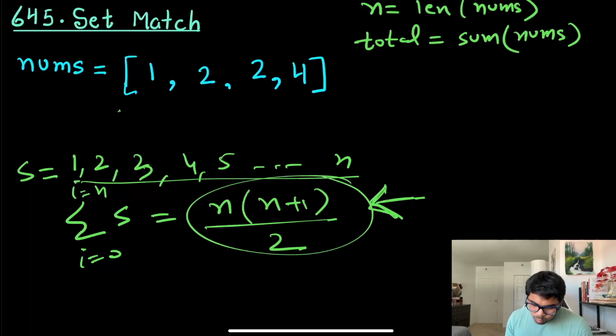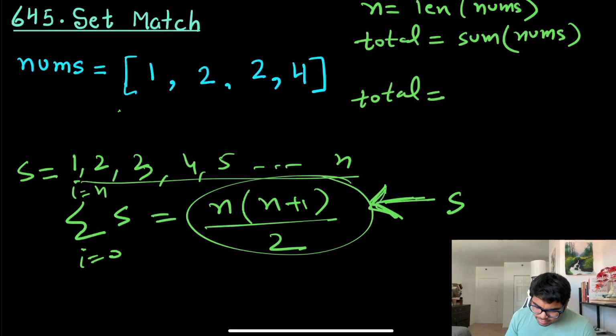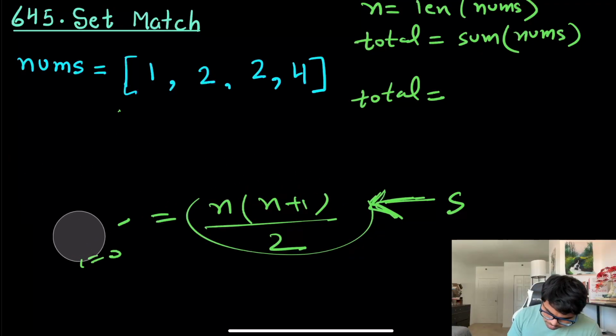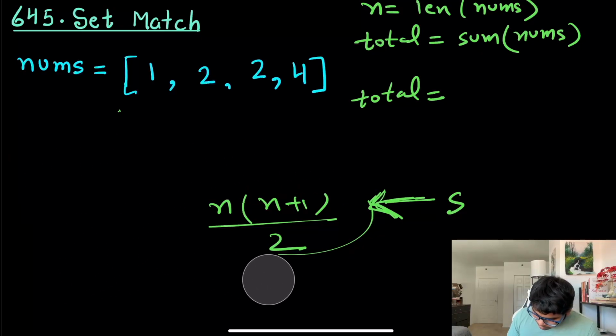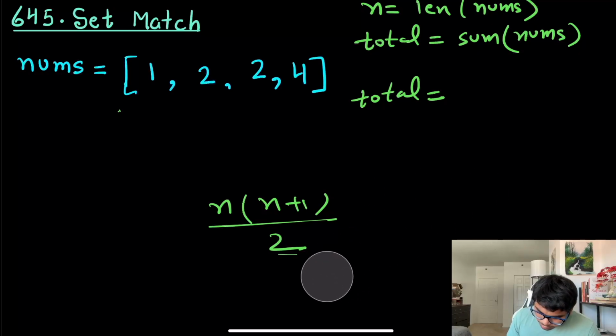Now what has happened with total is that this total right now is equal to this sum. I'm going to call it s. I'm going to remove all of this extra thing from here, and I'm just going to say this is s right now.